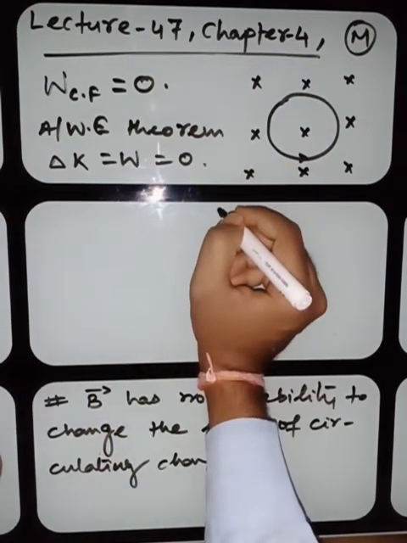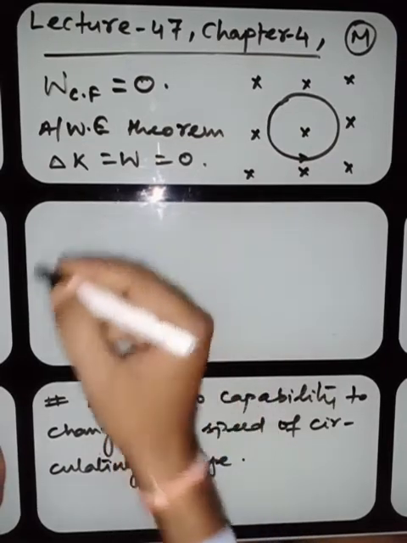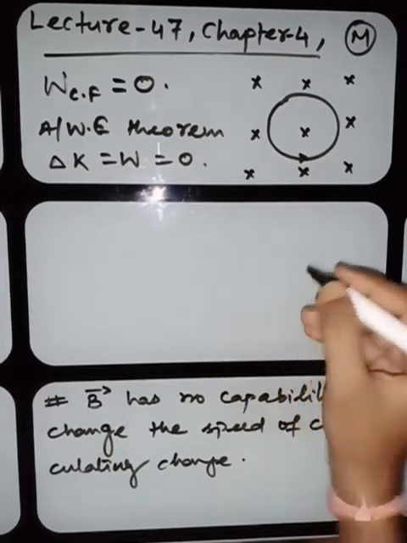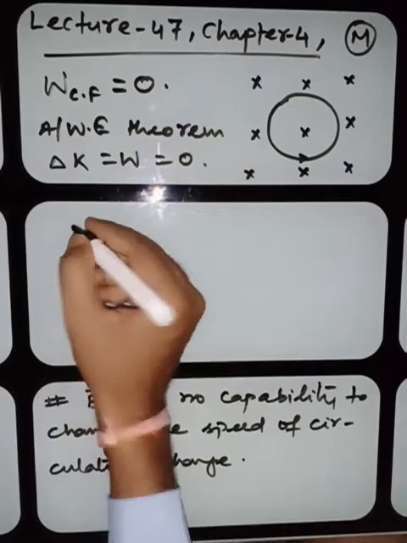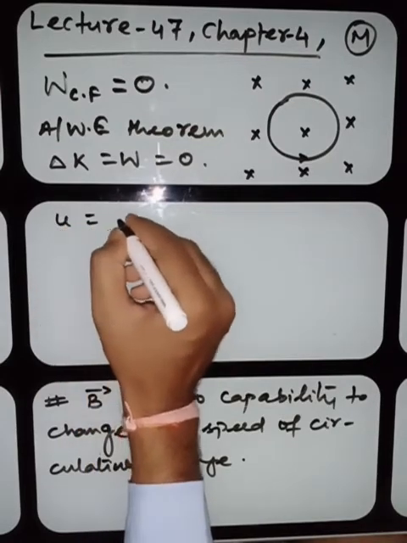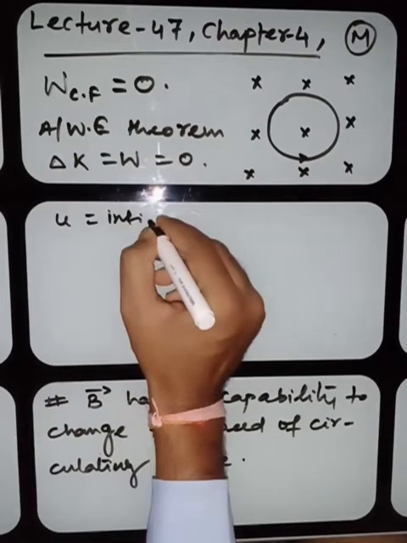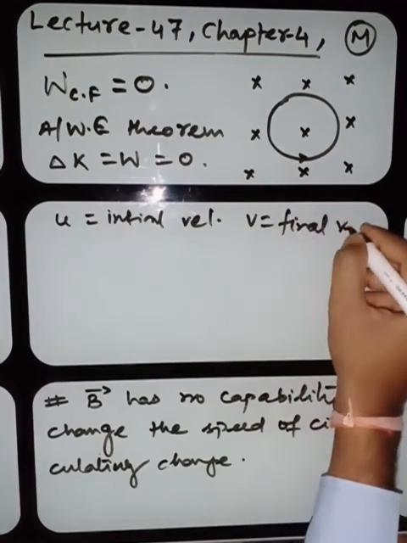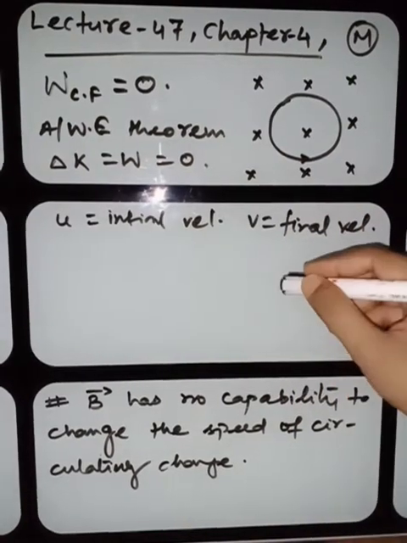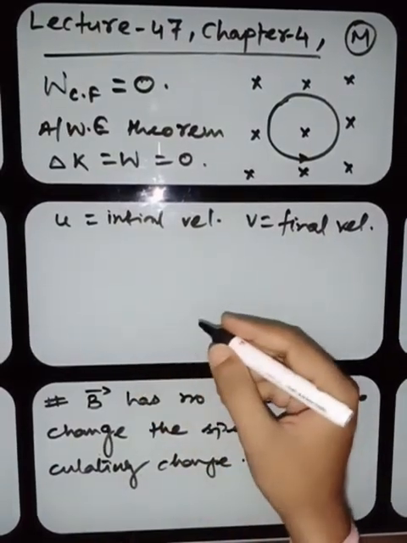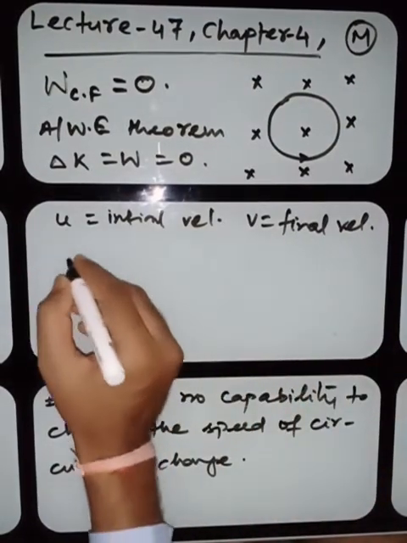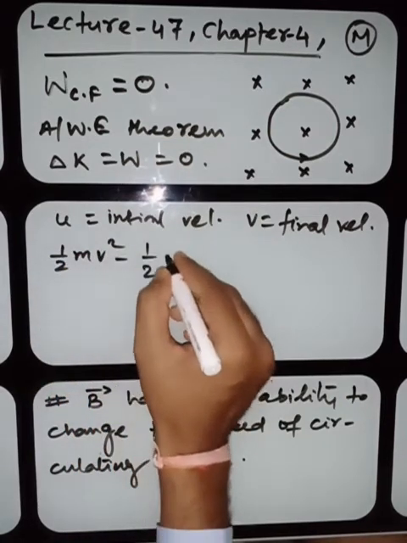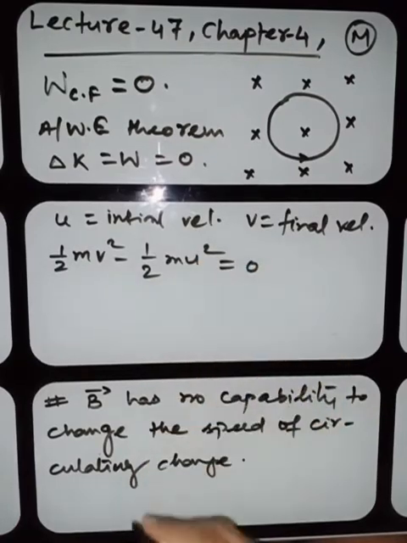Suppose the two velocities: u is the initial velocity and v is the final velocity. Then the change in kinetic energy, half m v square minus half m u square, is 0.